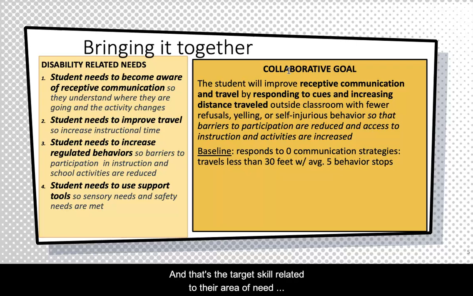And that's the target skill related to their area of need we're going to be addressing, so that their barriers to participation in the classroom and in learning are reduced and access to instruction and activities are increased.